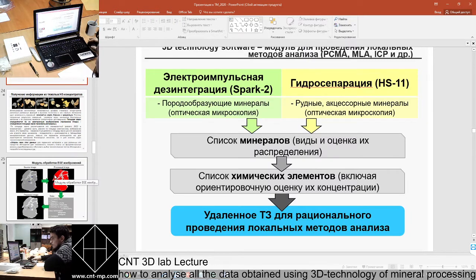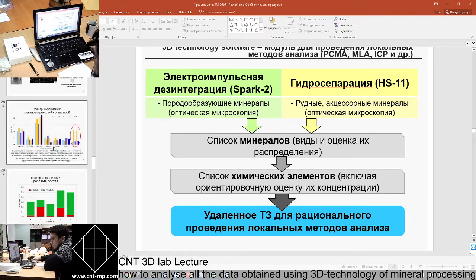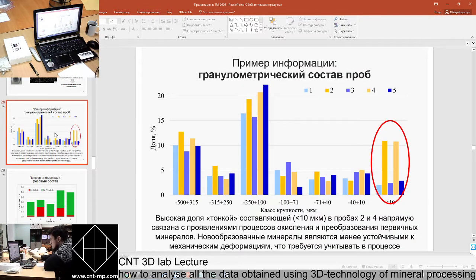Alright, okay. So there is a lot of data, but we use a kind of standard for representation for the client. For example, we can check the grain size distribution of a specific sample, and it can be demonstrated by diagram.